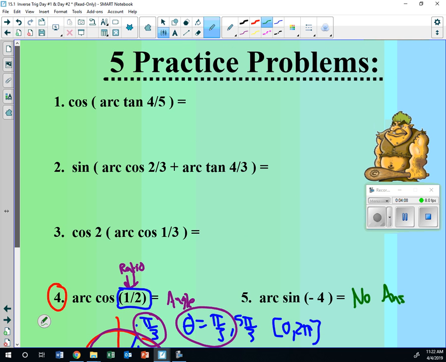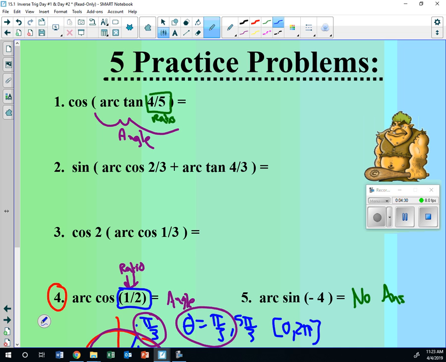Then let's go up to the top here. When we take the cosine of the arctangent of 4/5, there's your ratio, but what we're doing is we're changing it into an angle. Arctangent changes 4/5 into an angle.